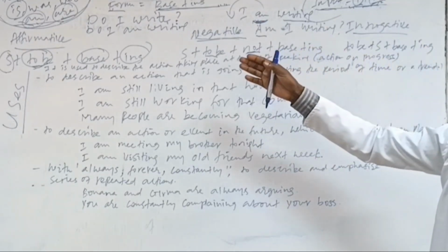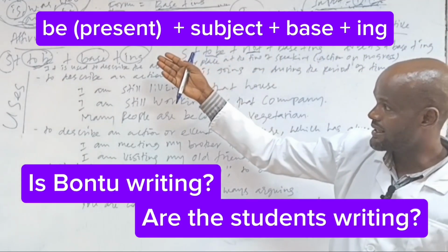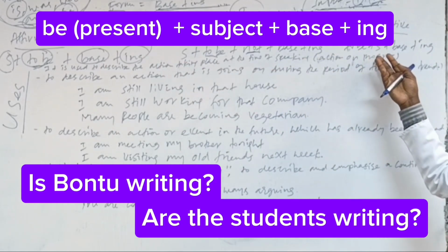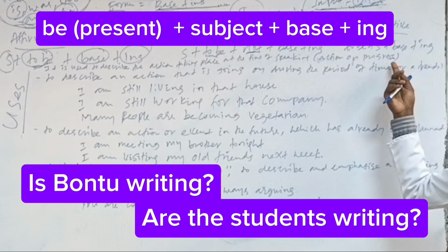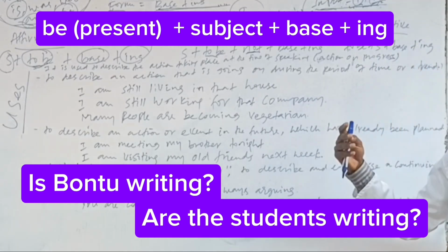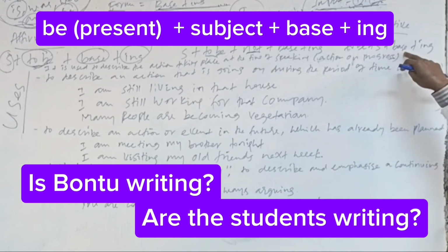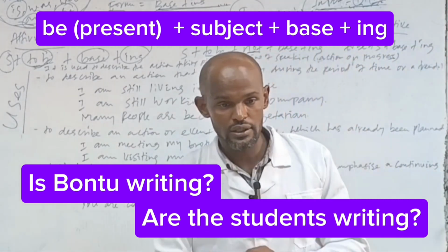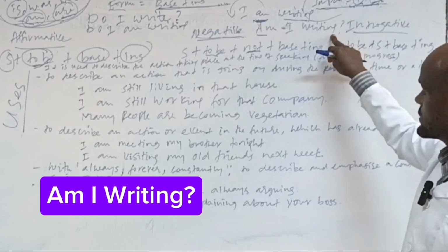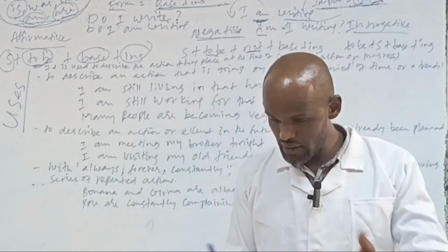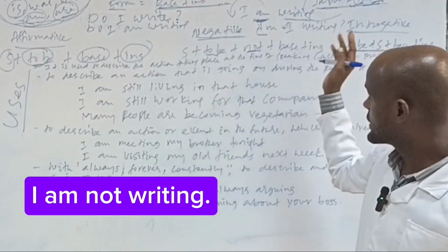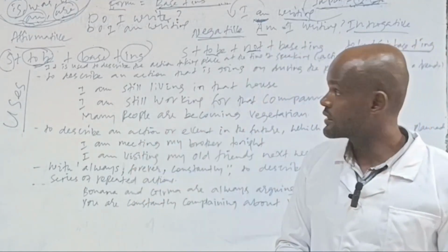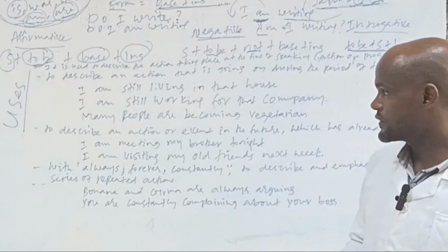So as we said, if your verb to be is are, because of the plurality of your subject, you say are we or are they or something like that. Base and ing. So you should follow this structure. Am I writing? Jettamini? Okay. Barreessaan jiru moo jedhiga. I'm not writing. I'm not writing. Kanaafi affirmative isaa laallerraa, negative isaa laallerraa, interrogative isaa laallerraa.